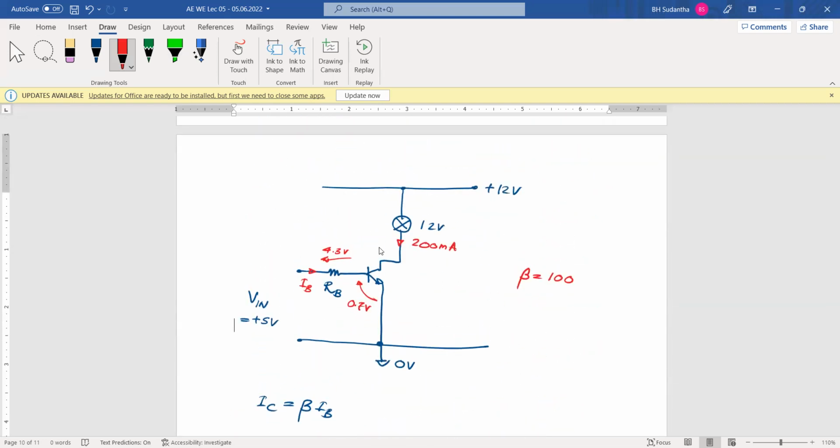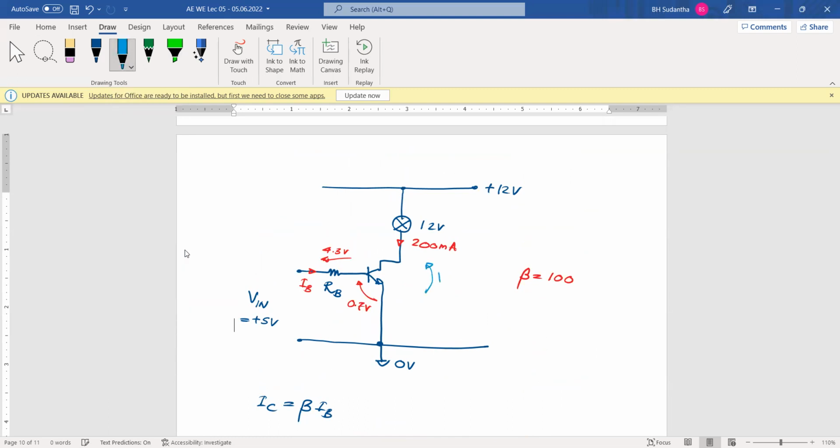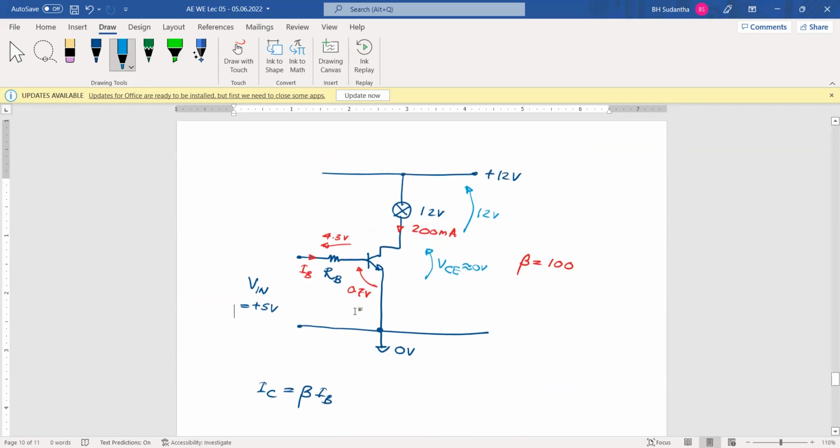Then voltage here, when the transistor is in saturate mode, this VC is 0 volts. Then across the bulb, you can see 12 volts will be applied. Then there is no voltage drop across the transistor. Then full voltage will be applied across the bulb. Then no problem coming from the transistor.